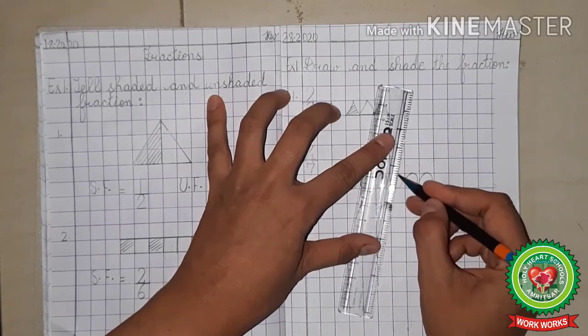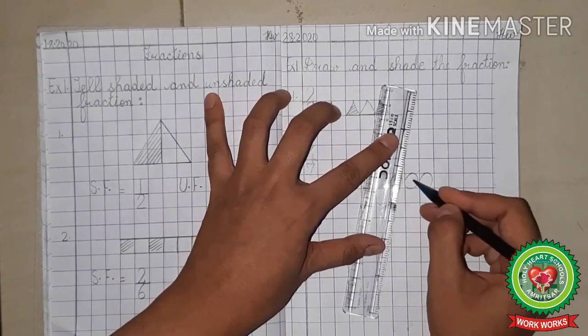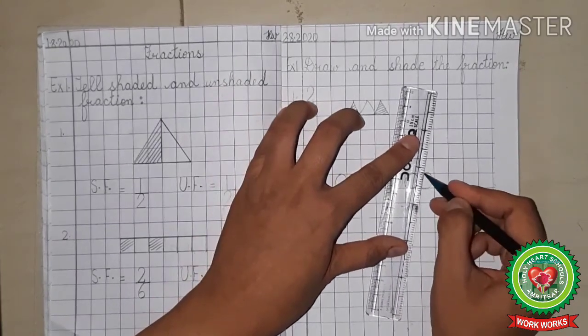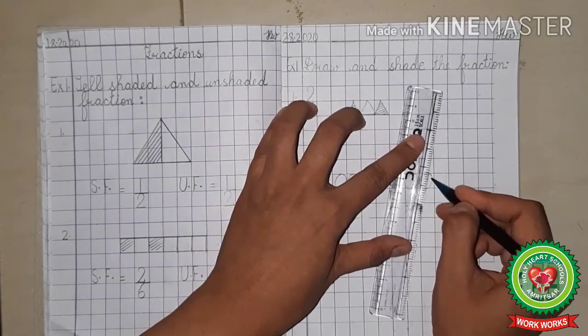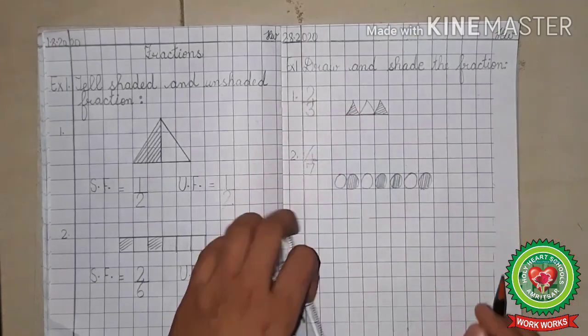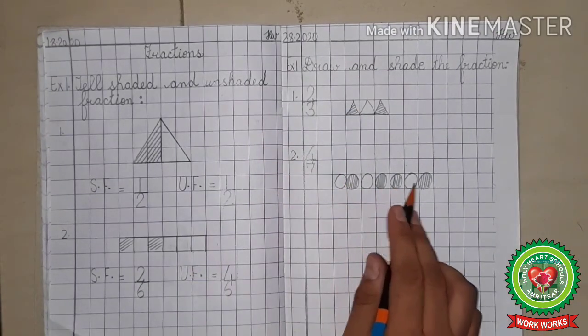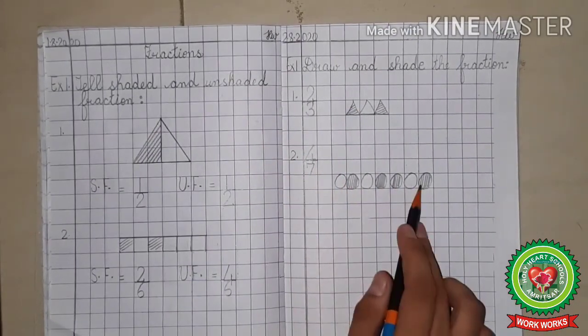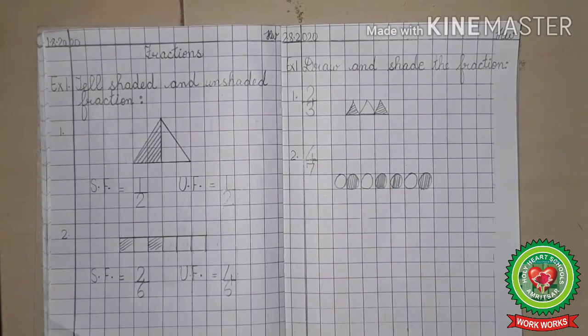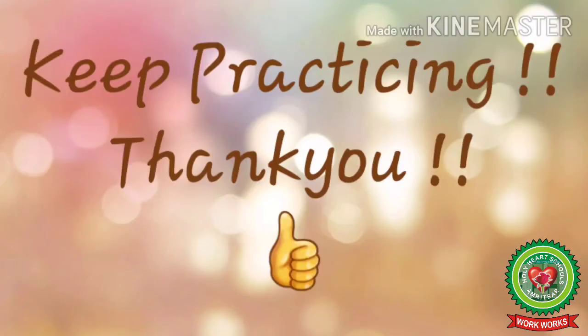And you can shade any 4. 1, 2, 3, 4. 4 upon 7 we have shaded. Like this, you will shade the fraction. Now children, keep practicing the sums given in your SNAP homework. Stay safe.